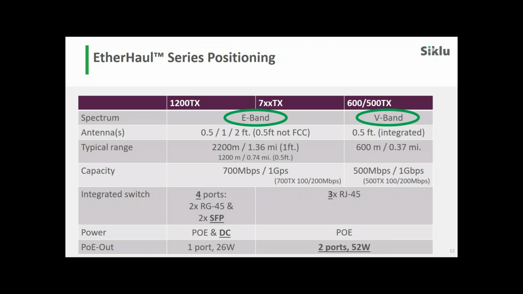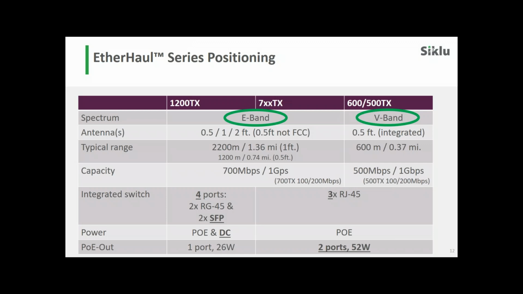If it's not a concern, then it's not a concern. If you want to fly under the radar and not be seen, look for the 600. If on the other hand, you might not care and you prefer the additional reach, as you can see, the range of the 700, 1200 is better than the 600 family. Then if the range is important, you should be looking at one of those.